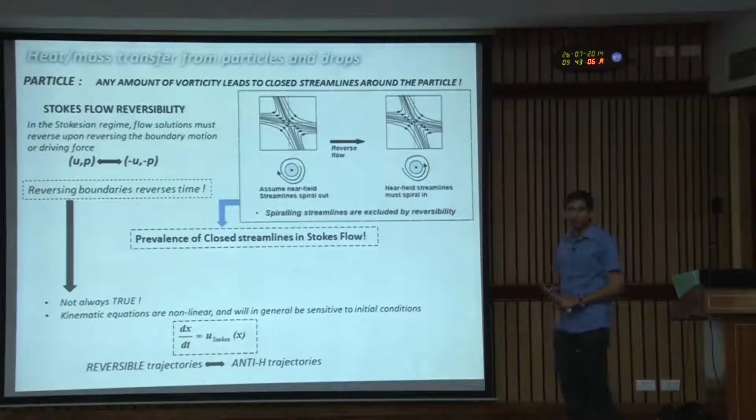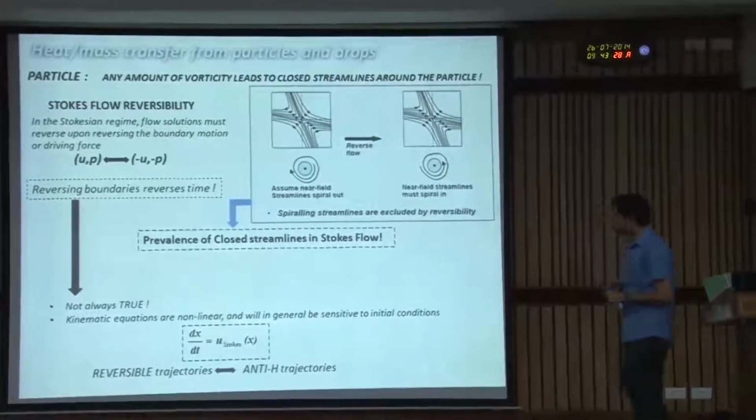Okay. And now you reverse the boundary motion. So capital U becomes minus capital U. Then it turns out that this becomes the solution instead of that. Okay. So reversing the boundary reverses the entire Stokes flow. Okay. So loosely speaking, if you reverse the boundary, you go back in time. Okay.